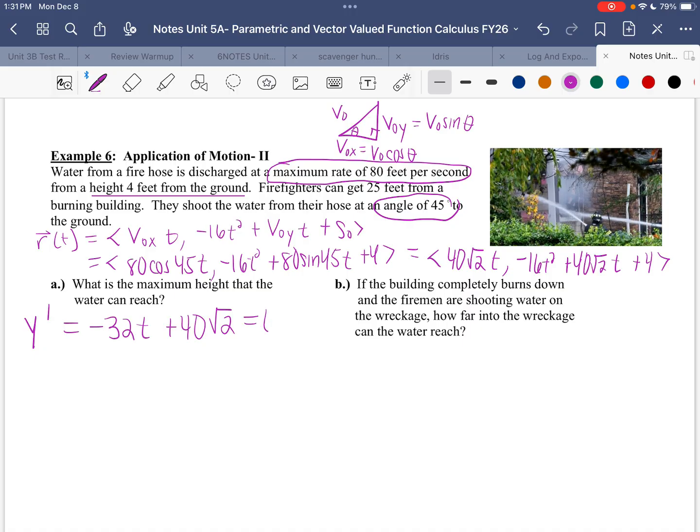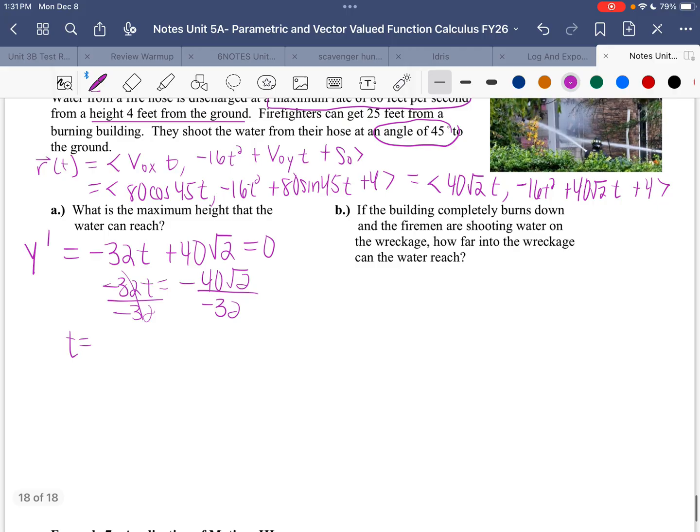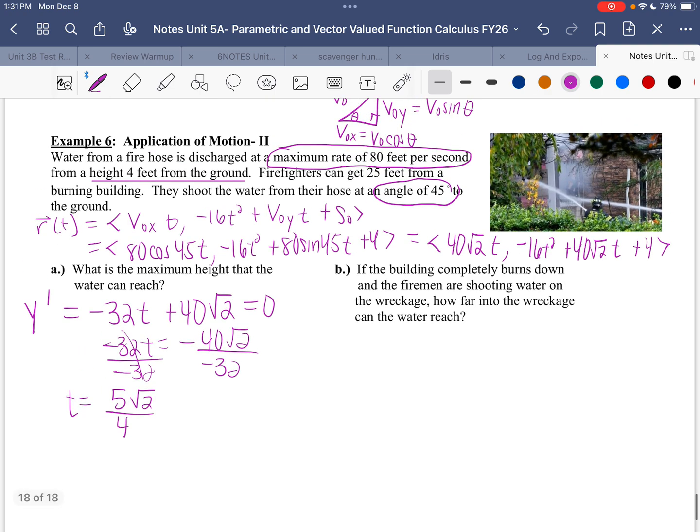Taking the derivative, set the derivative equal to 0. Solving for t. What's our time unit? Seconds.